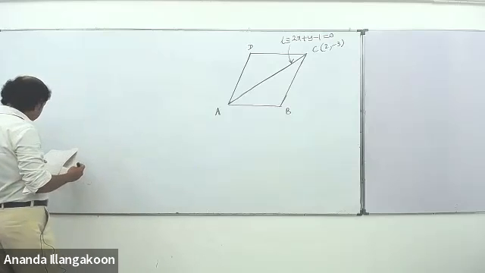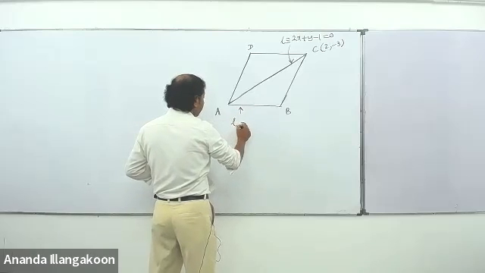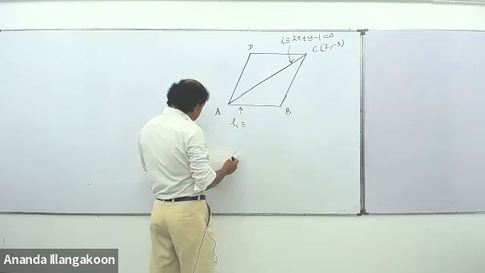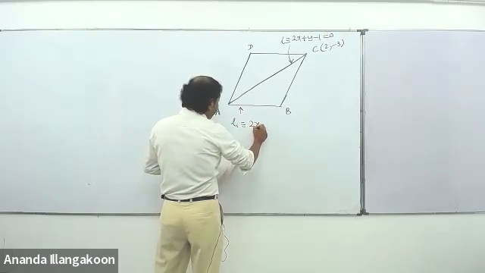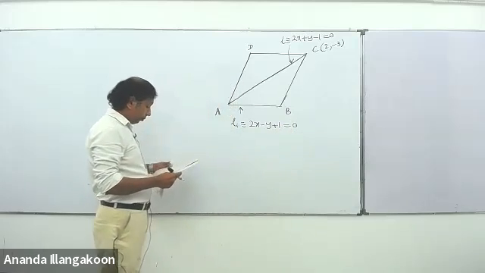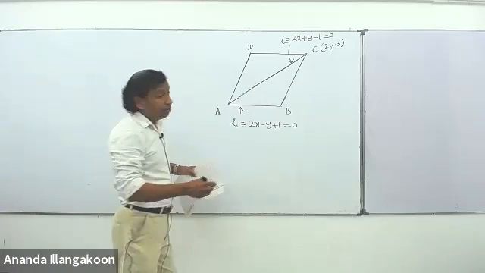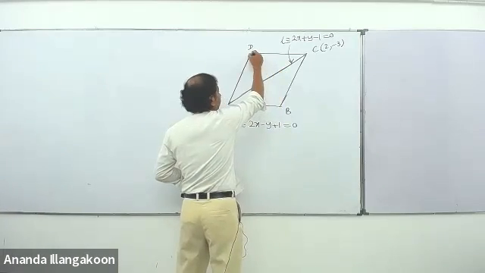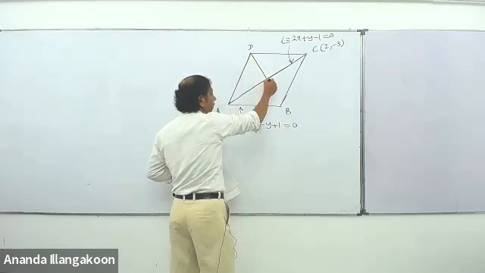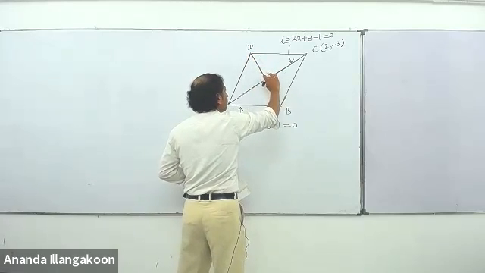AB is given by L1, with the equation 2x minus y plus 1 equals 0. The diagonals AC and BD meet at E. Here, E.